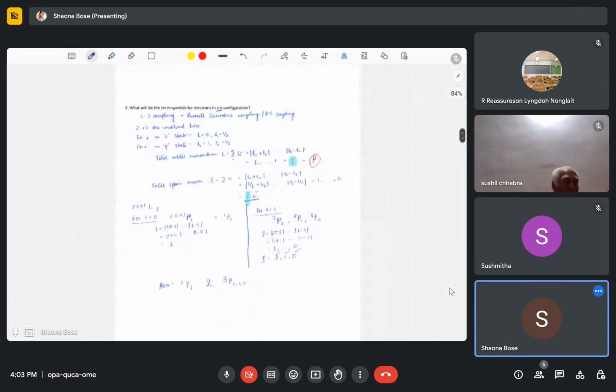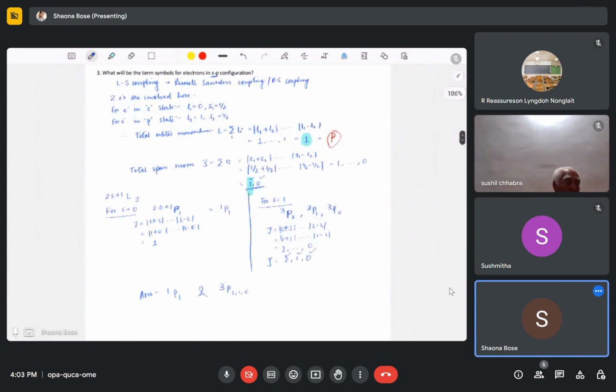Is that all right? The previous one we were talking about just one electron, but here we're talking about the interaction of two electrons. So we need to consider the spin of both the electrons.